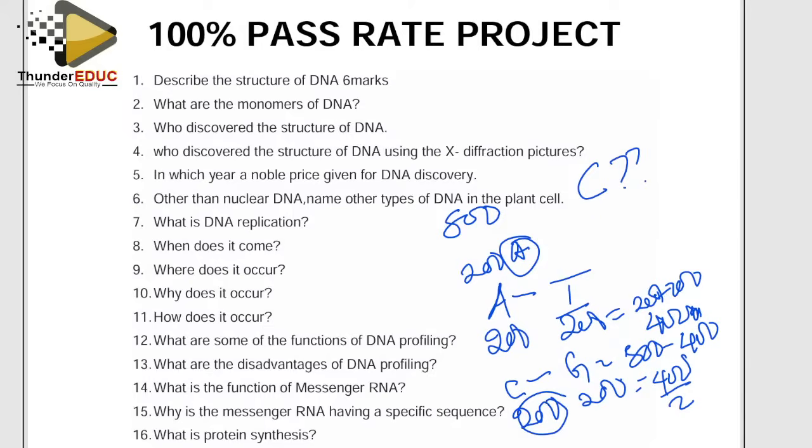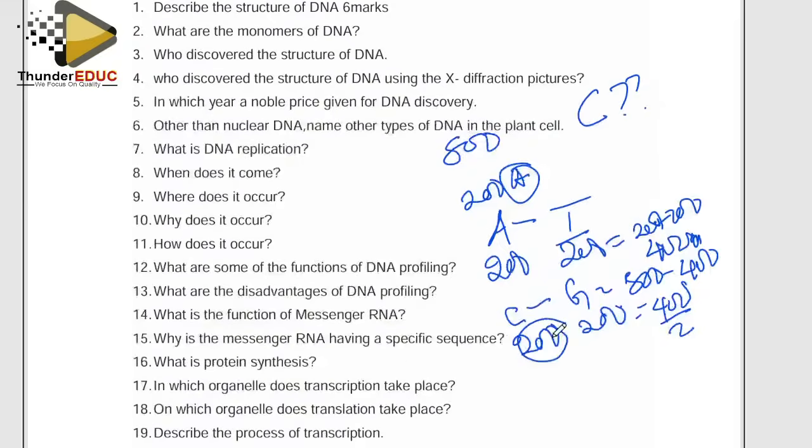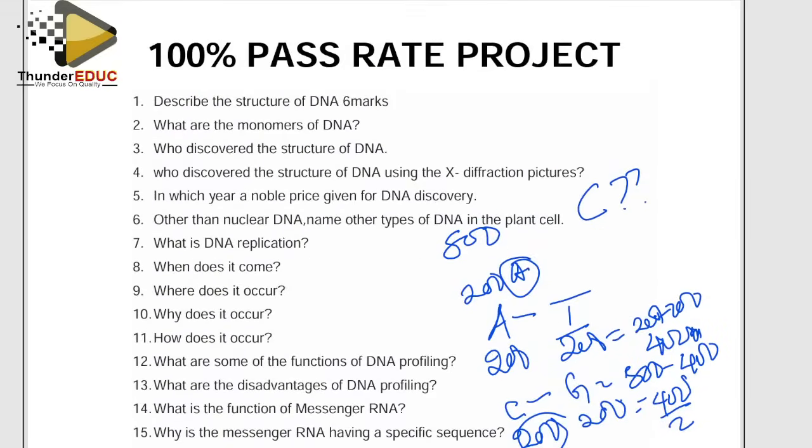But they want the percentage. So what am I going to do? I say 200 out of 800 times 100, to convert it into a percentage.